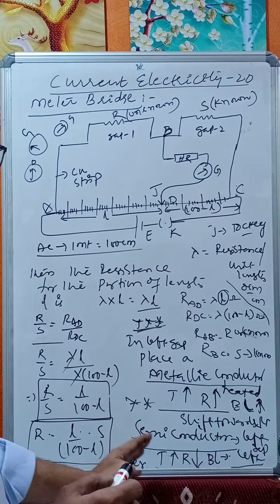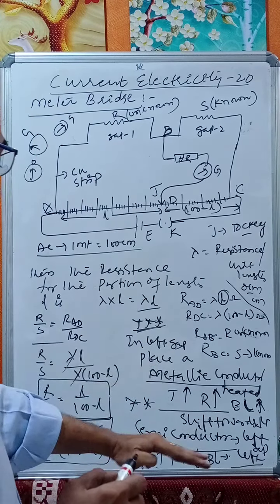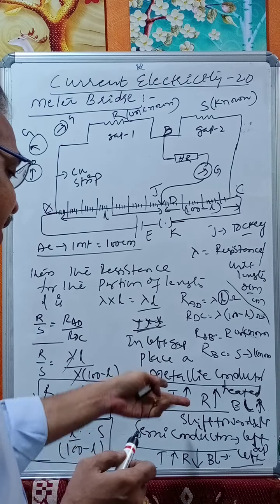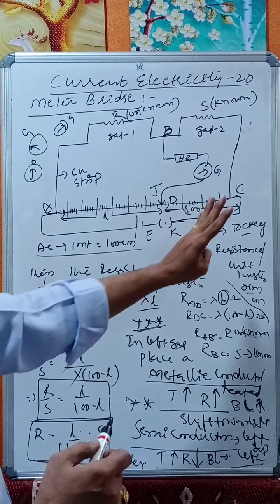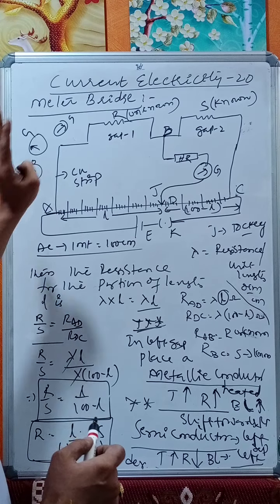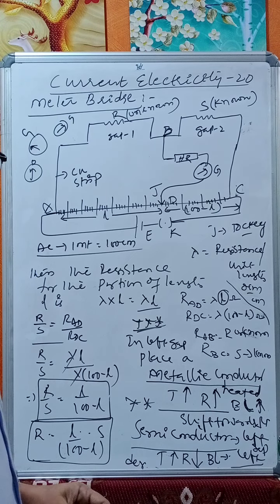For a semiconductor, resistivity decreases, so the balancing length shifts towards the left. This is something about the meter bridge. Okay. Thank you.